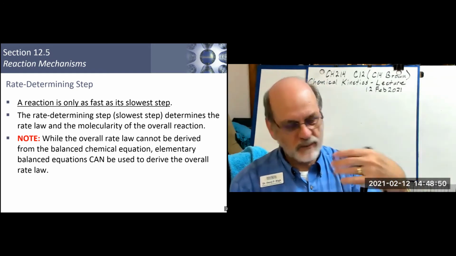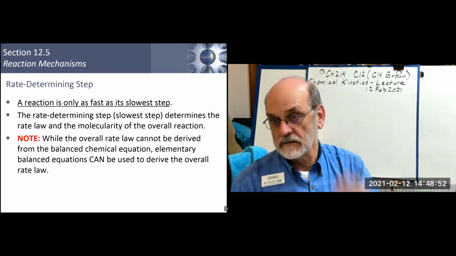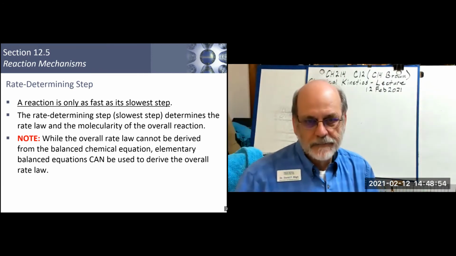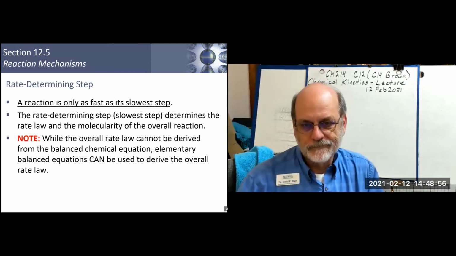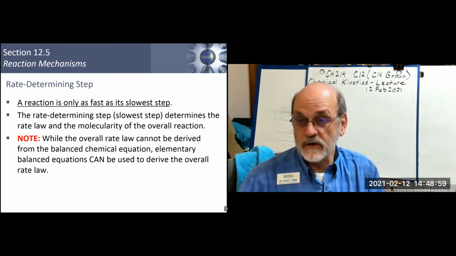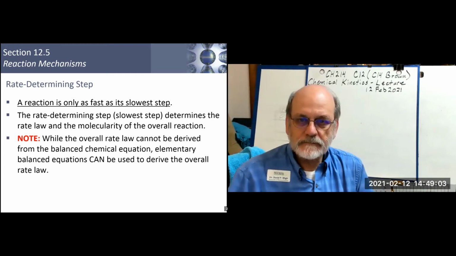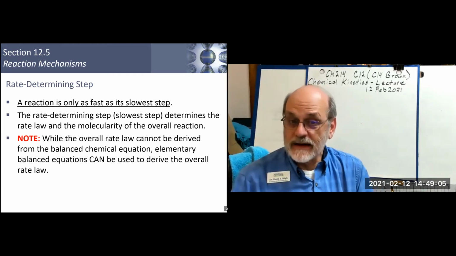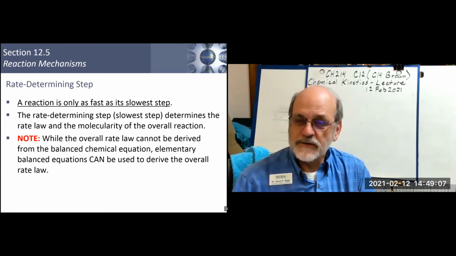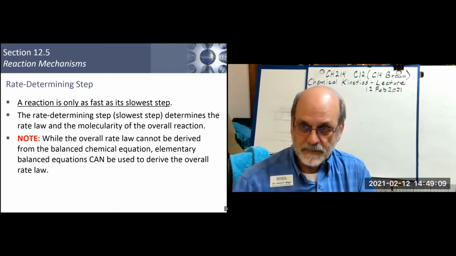Could be the first one, could be in the middle, it could be the last one. You know, it's just the nature of the beast. And that just says that the rate is only as fast as its slowest step.